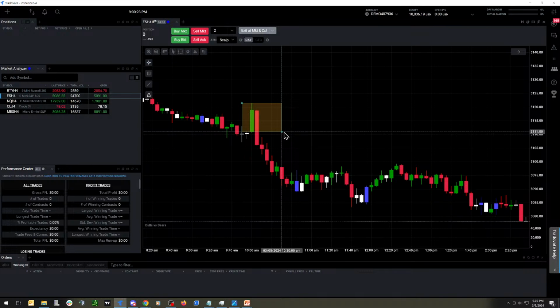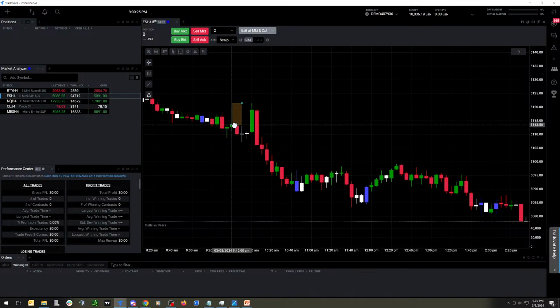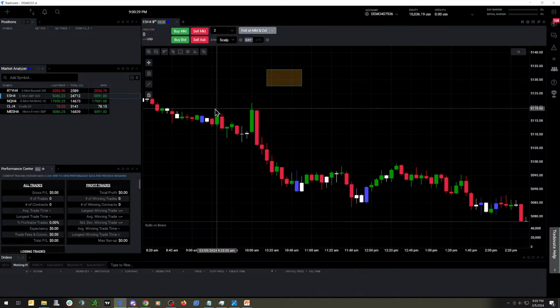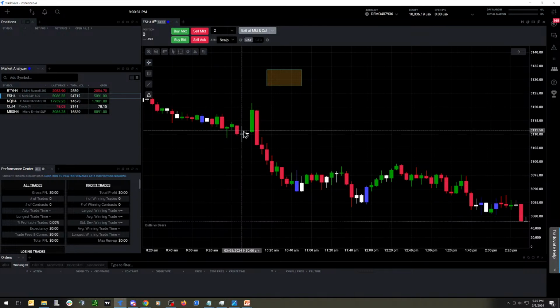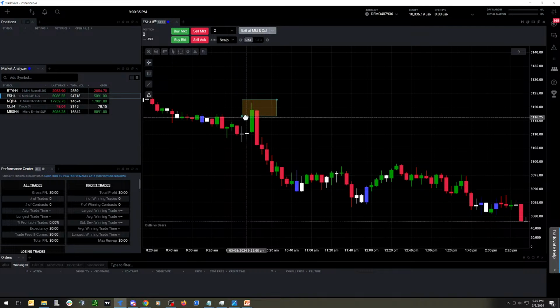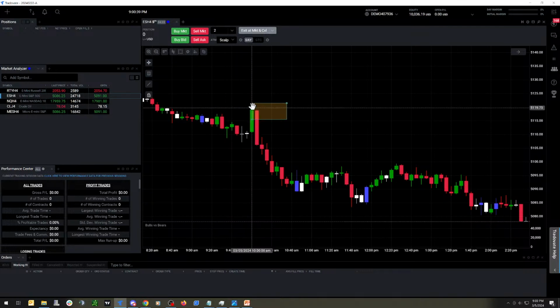Well, I'm going to draw it to where the trend continues. In other words, the trend was coming down, down, down, down, and then it went back up, and then down again. So that's the outlier. For me, some people only draw the wick. That's okay. Some people draw the top of the wick to the open. That's okay.